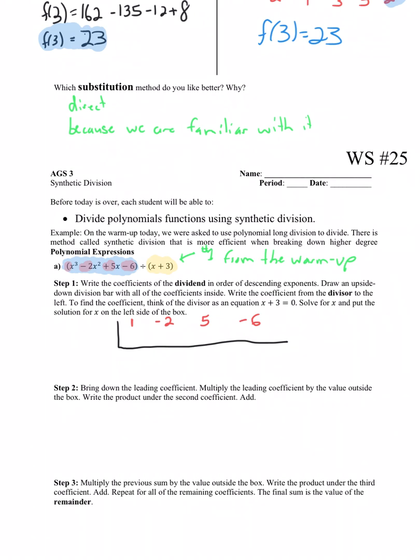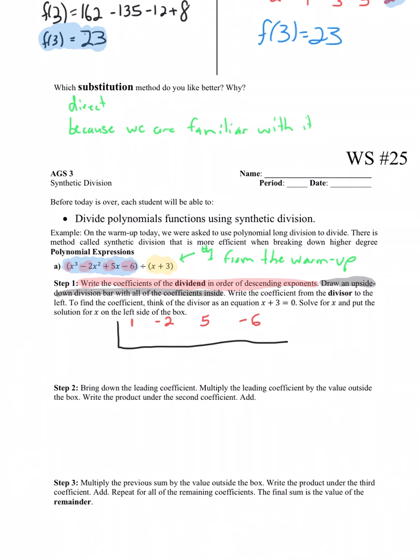That's our first part right there, step 1. Then, once we write down the coefficients in descending order, we're going to draw the upside down division bar. We did that. I'll highlight that. All right, with the coefficients inside.